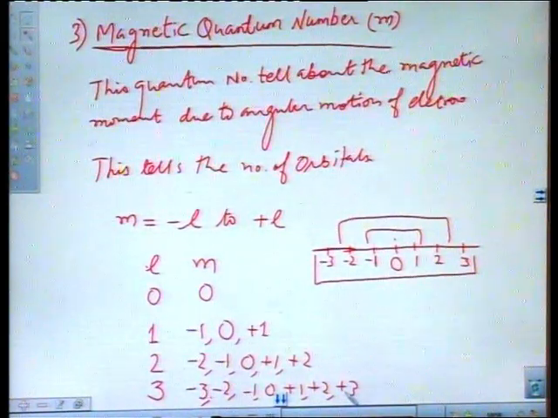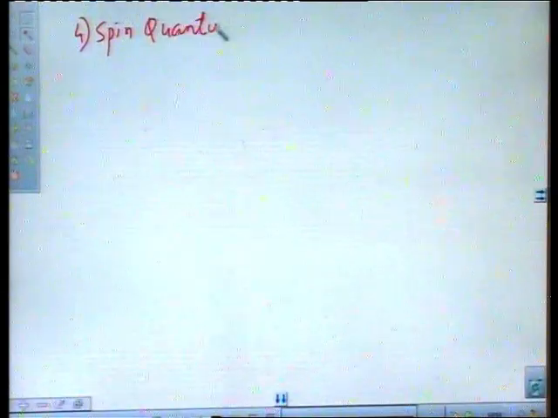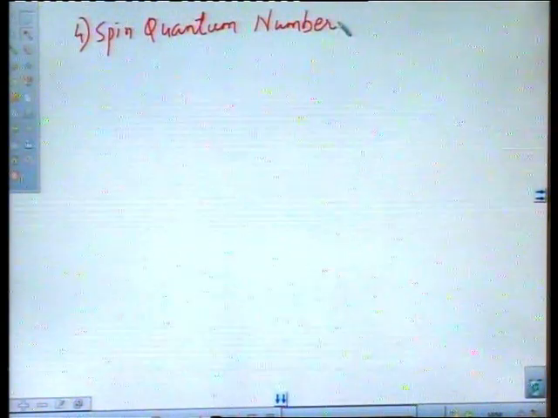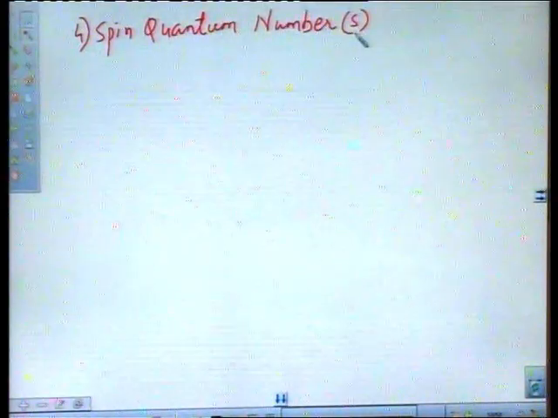So, now we will draw a relation between different types of values. But before the fourth quantum number, the spin quantum number, we have already discussed 3 quantum numbers.